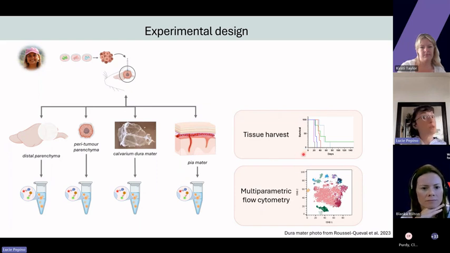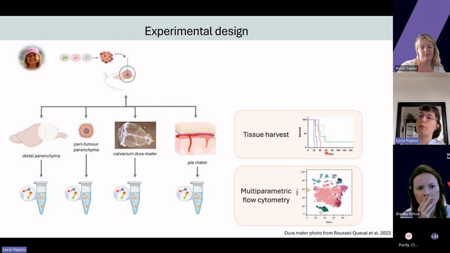So I took the median survival that they obtained for the cohort that they did, and I called the animal at that specific date, because it would not have been possible for me to do that experiment if I waited for the human endpoint to be reached, because it can be at any point during the day.